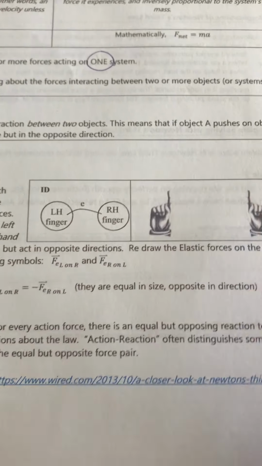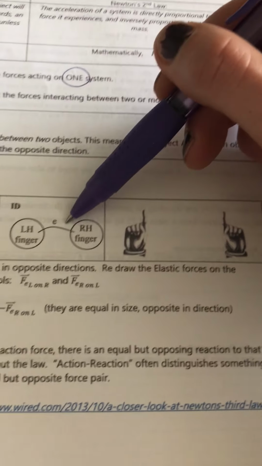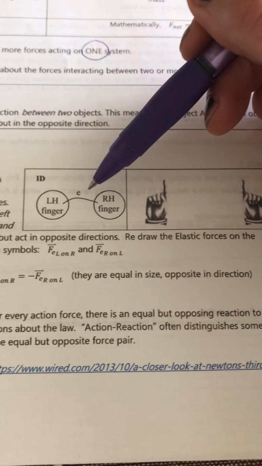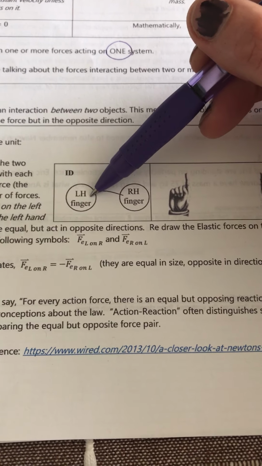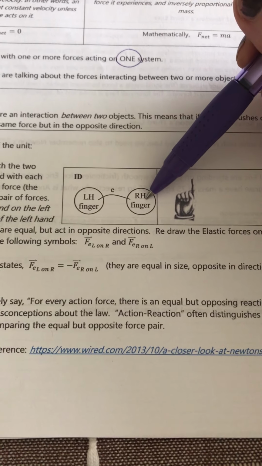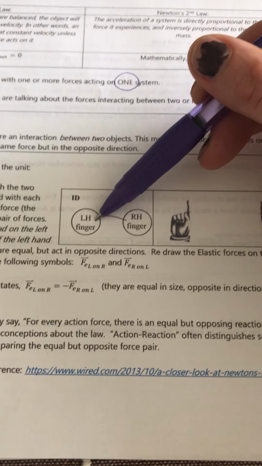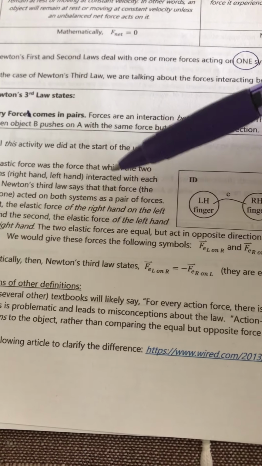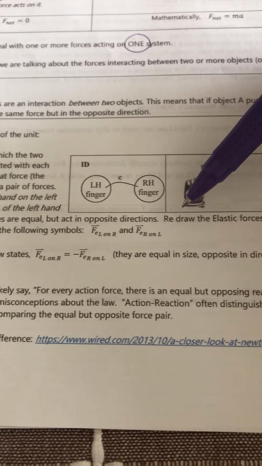That elastic force is the force applied to both systems that allows the two systems to interact. The force that the left hand applies on the right hand is the same but opposite in direction to the force that the right hand applies to the left hand. And so we get this interesting notation with the third law. The two elastic forces are equal but opposite in direction.